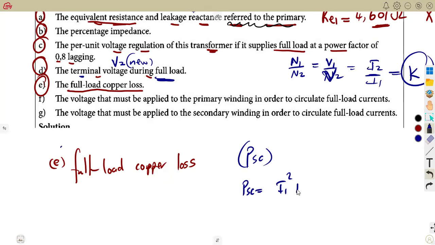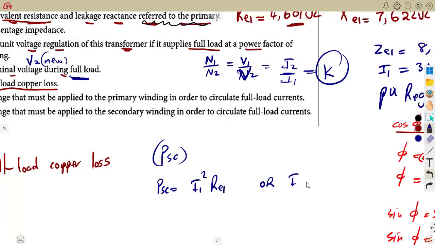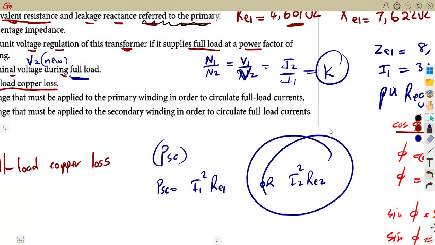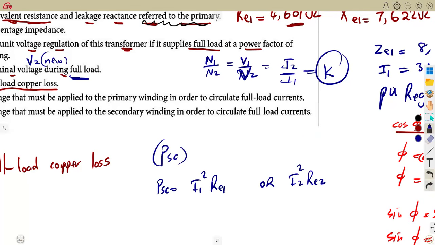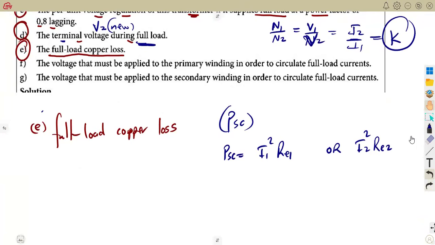So we're going to have our short circuit power: that's I1 squared RE1. Or this could have been written as I2 squared RE2. But as I said, we do not have calculations that were made on the secondary side. Our calculations were referred to the primary side, so we can continue from what we calculated before.